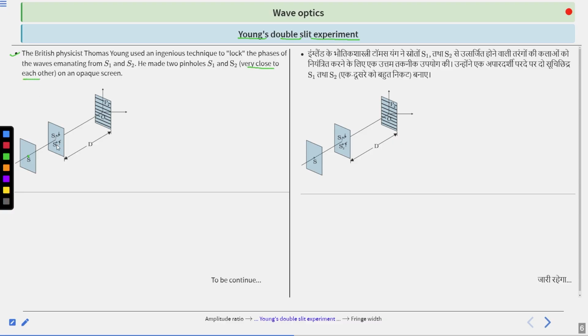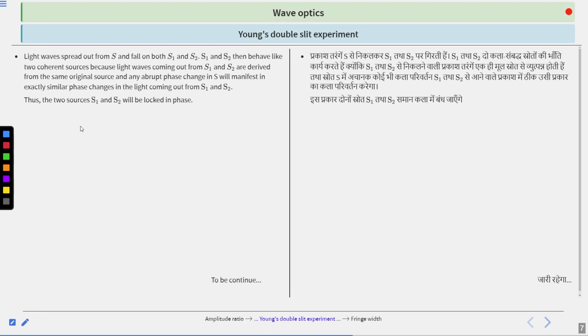The distance between both the holes is very small on the opaque screen, and the distance between the screen and the source is d, as shown in this figure. Light waves spread out from S, known as the source, and fall on both S1 and S2.